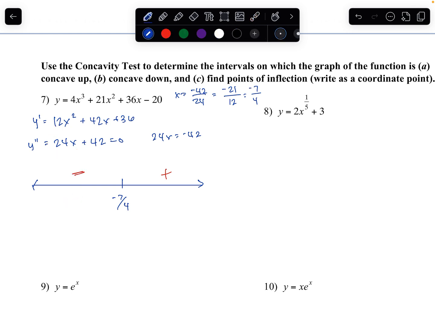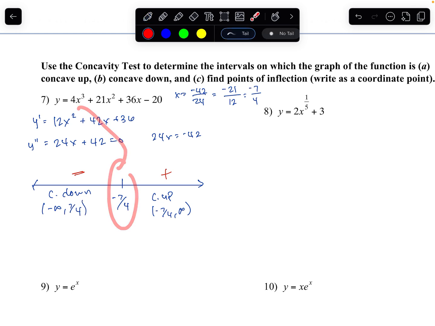So concave up is going to be from negative 7/4 to infinity. Concave down, that's going to be from negative infinity to negative 7/4. And then a point of inflection is occurring here.